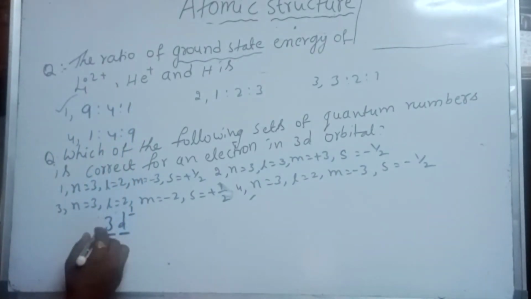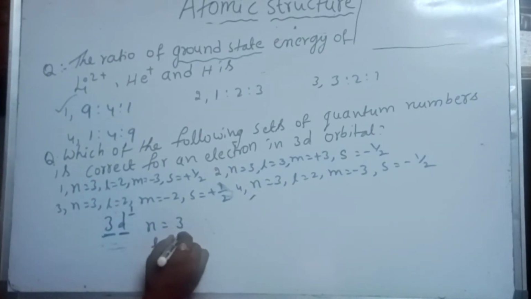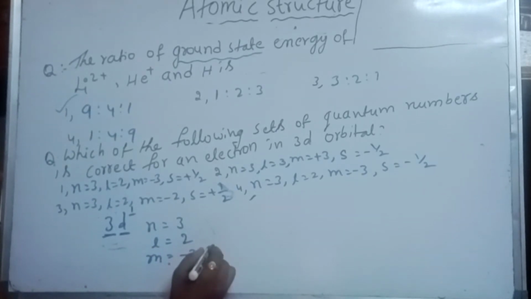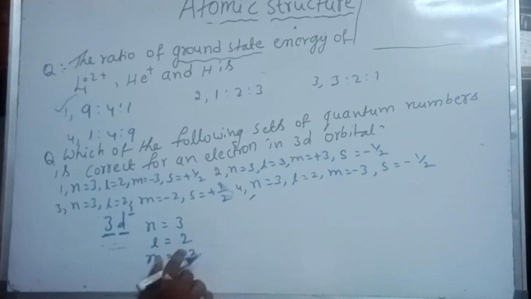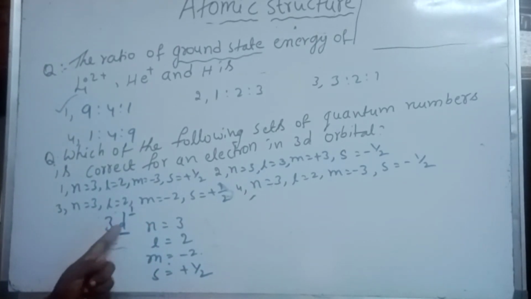So for this 3d, n is equal to 3, l for d orbital is 2, and m is minus 2, minus 1, and so on. Only one electron is present, so m is minus 2, and s is plus 1 by 2. These are the four quantum numbers for 3d.